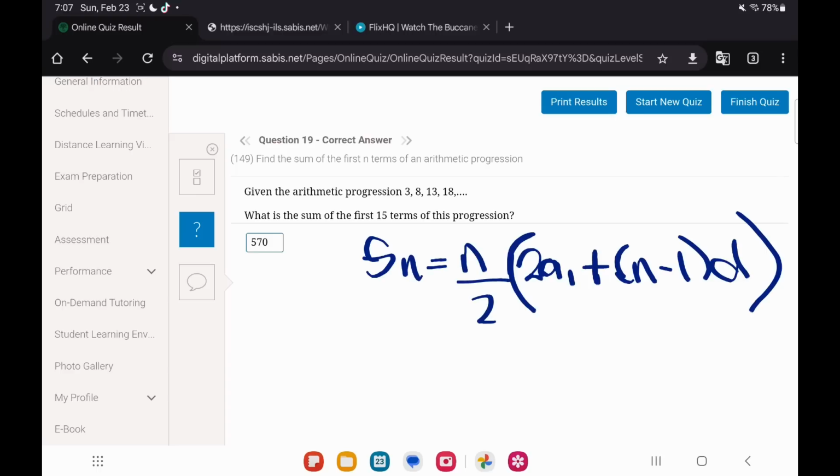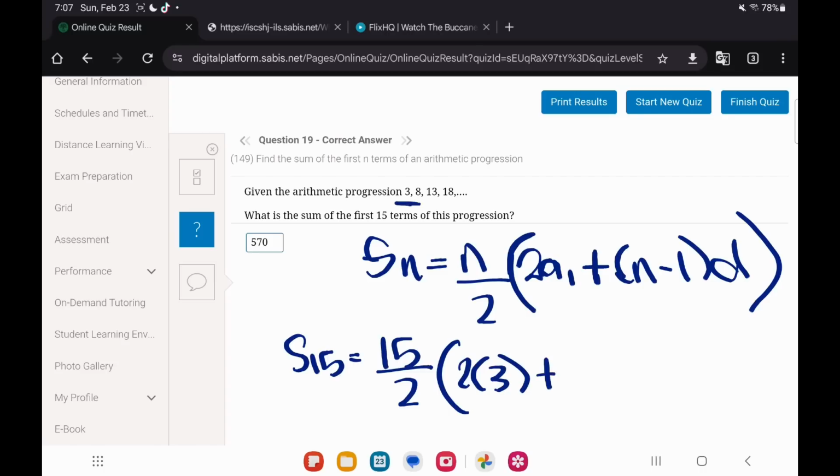Here they want 15, so S of 15 equals 15 over 2, and then 2a1, so 2 times the first number, which is 3, plus n minus 1, so 15 minus 1 is 14, and then d. We can find d, like I said, by using the number minus the preceding one, so 8 minus 3, which is 5. You do all that on your calculator, you get 570.